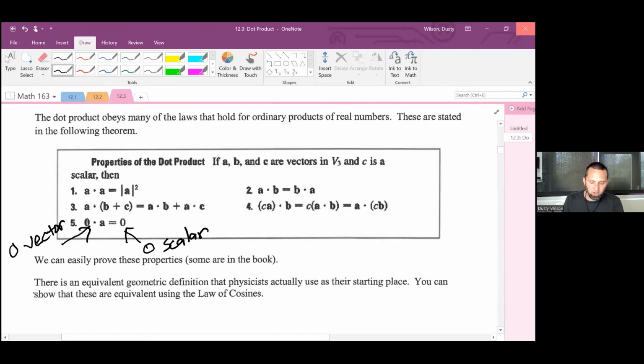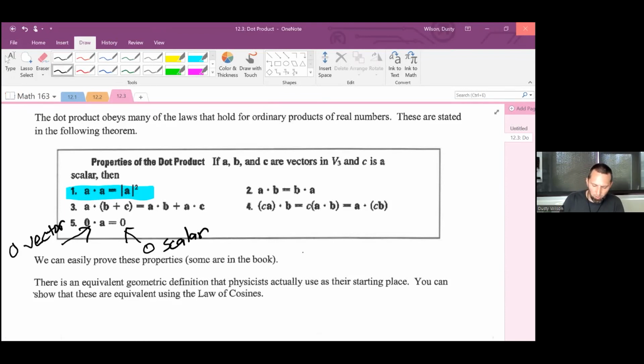Of the things that are here, the one property that will get used repeatedly that might be worth memorizing is this very first one, which gives us a relationship between the dot product and the magnitude. And I think it should be intuitive.